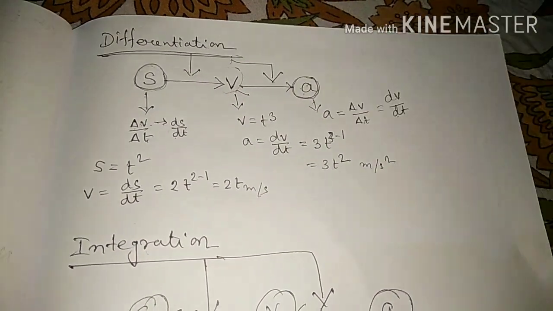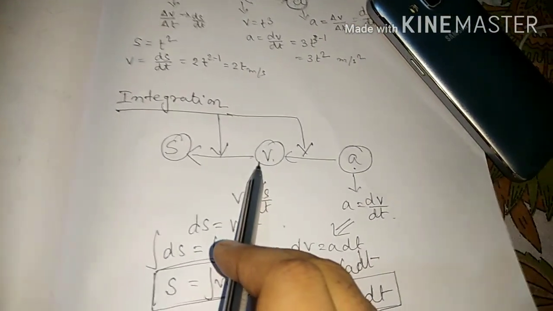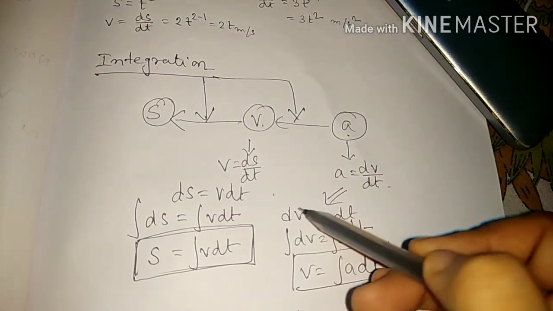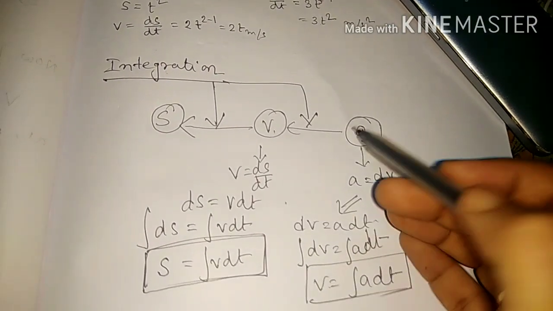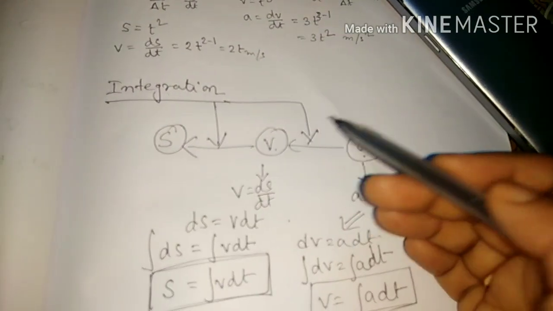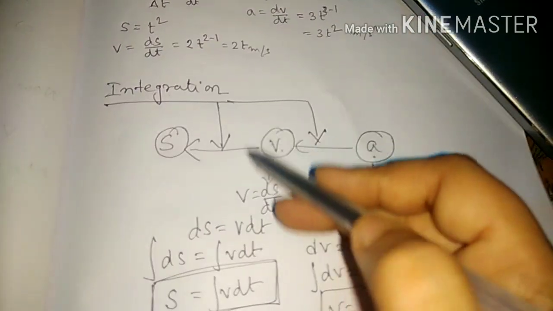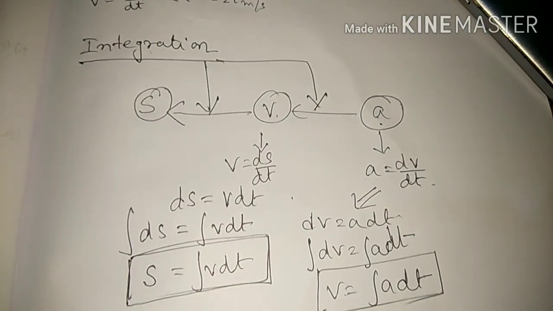Now if we move in the opposite direction, acceleration to velocity: acceleration means dv by dt, so dv equals a dt, and integrating, v equals the integral of a dt. So if acceleration is given and we find velocity, we use integration. From velocity, if we find displacement, we use integration.